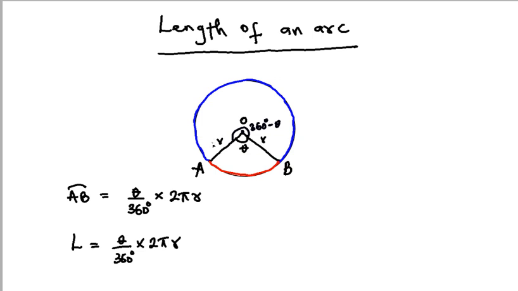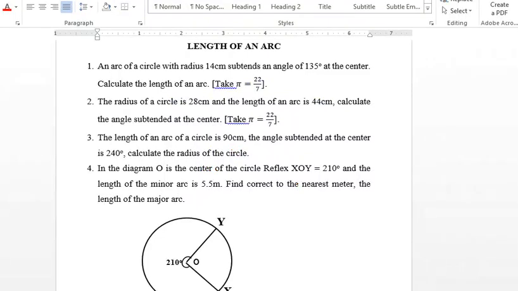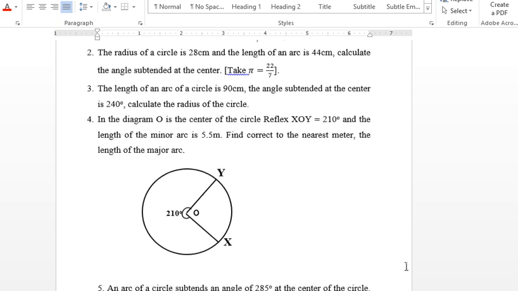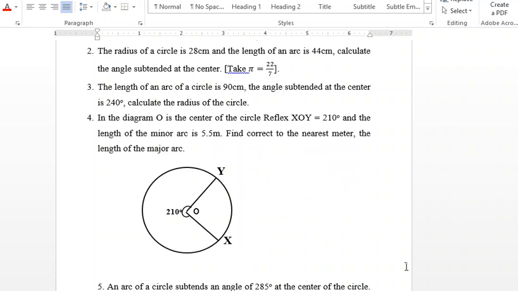So let's see some questions here on how we can tackle them one after the other. We have the set of questions from number 1 to 5. We will tackle them one after the other.